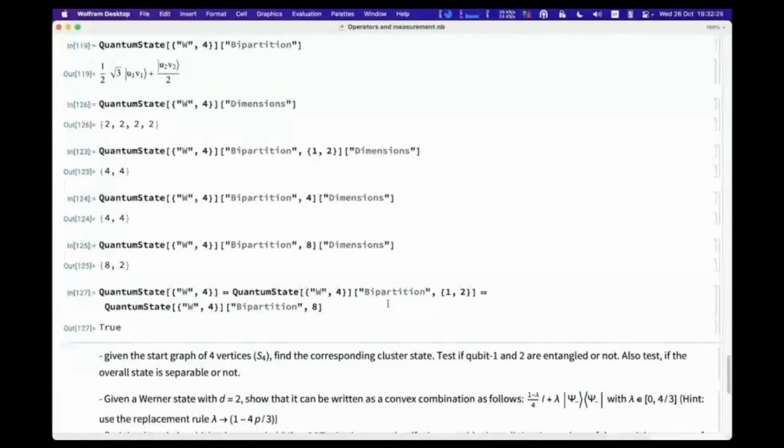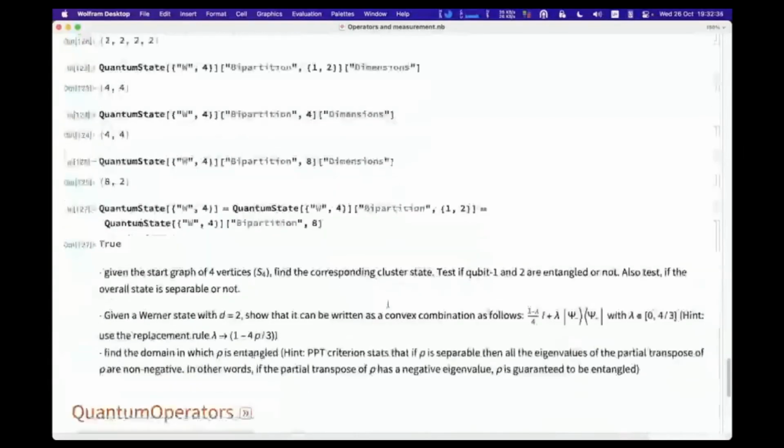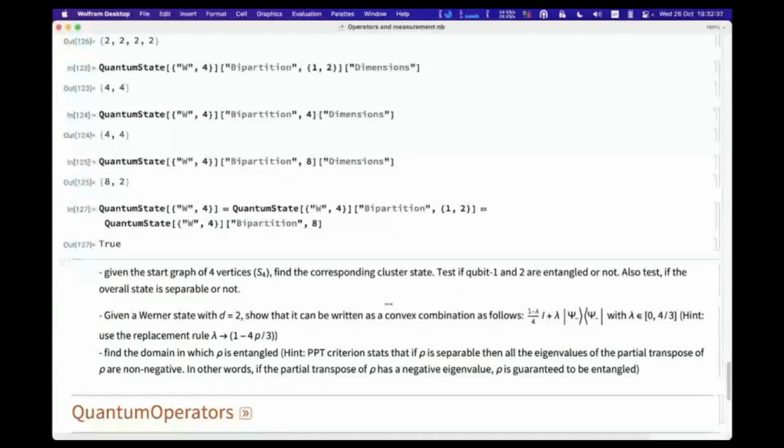So bipartitioning is a very interesting trick. Remember that you can do Schmidt decomposition. Remember, Schmidt decomposition you cannot do when you have more subsystems.